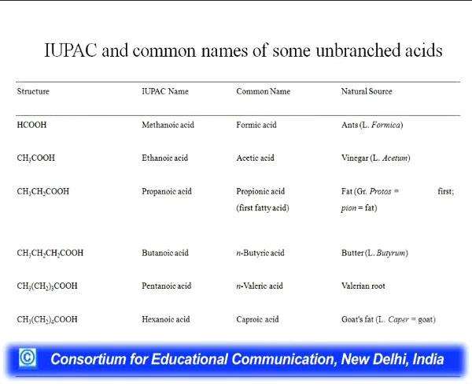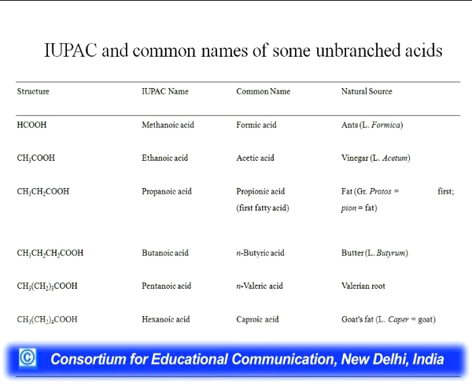Here are the examples. You can see the table of some unbranched acids. First of all is HCOOH. Its IUPAC name is methanoic acid, whereas its common name is formic acid, derived from the natural source ants, that is formica. Next one is ethanoic acid, CH3COOH, common name acetic acid, derived from vinegar, acetum.